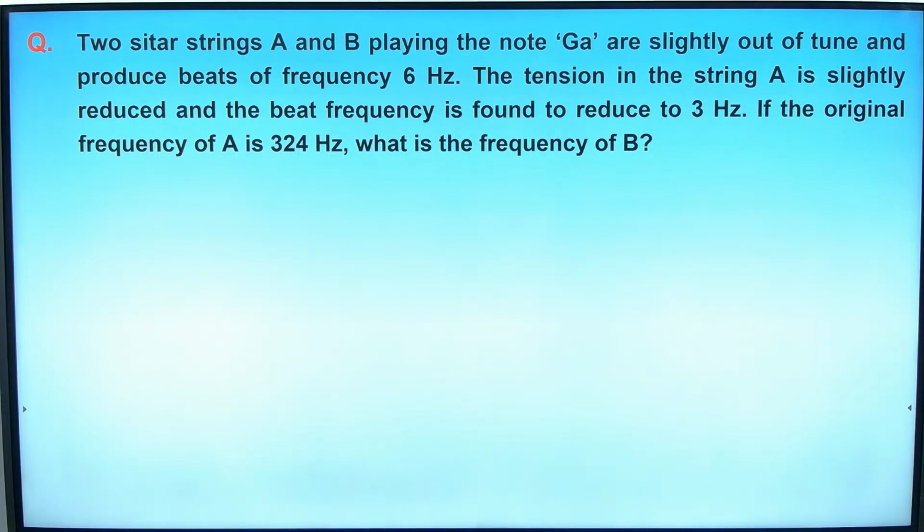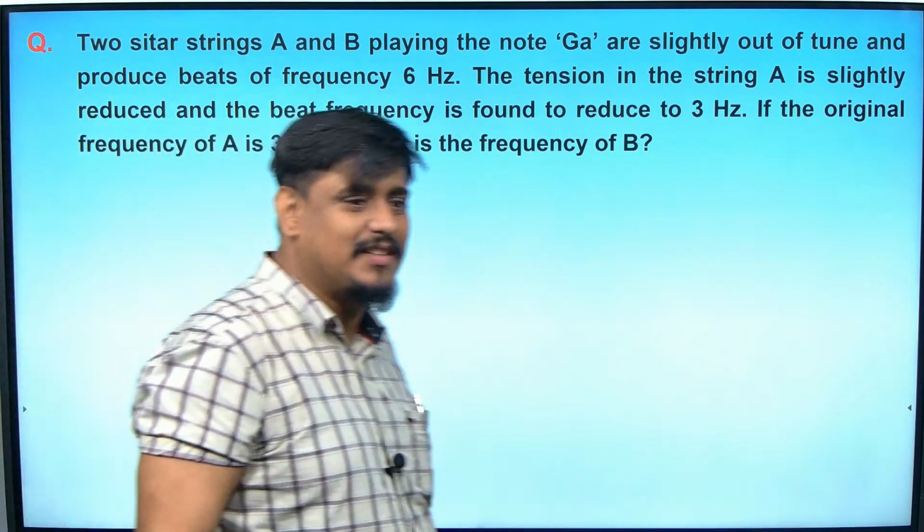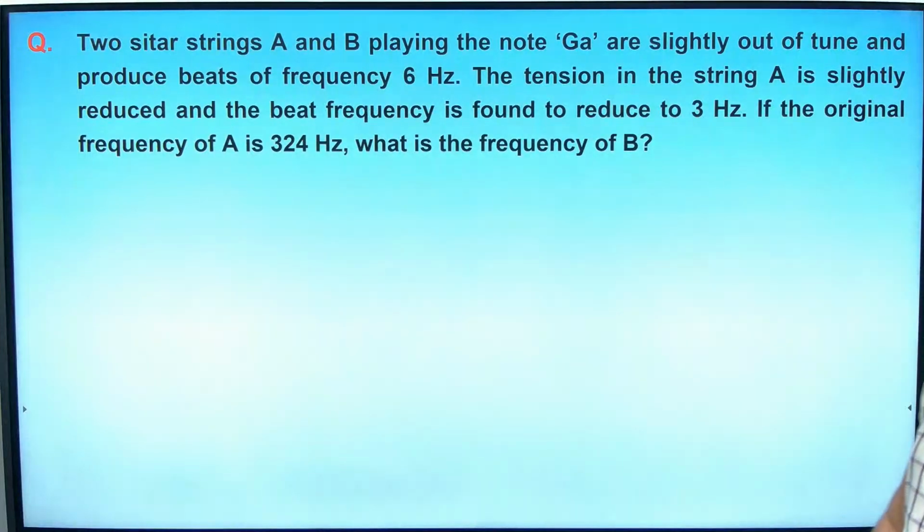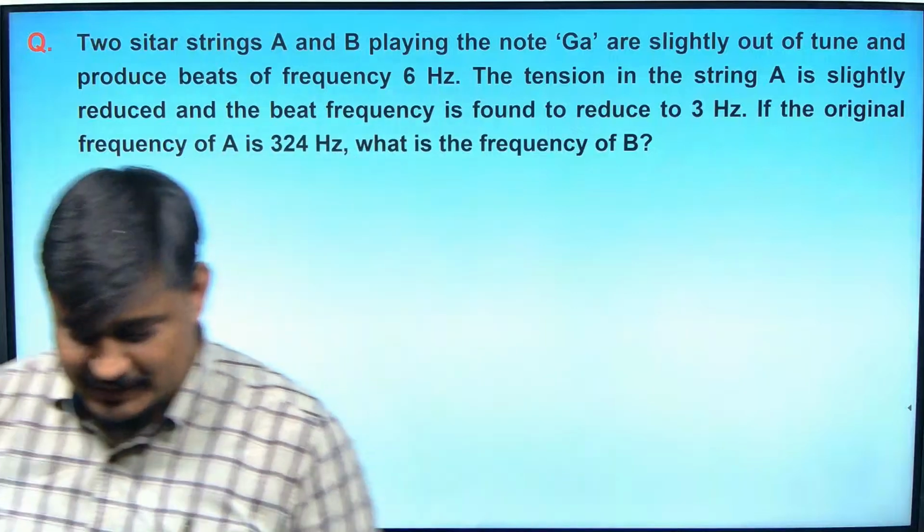Two sitar strings A and B are playing the note ga. What is ga? Sa re ga ma, that ga. 330 hertz. Okay. Others, any answer? 330 or 318, you say, okay. It can't be 318 because they reduce the tension, right? I am just asking you now. As he is thinking, there are two possibilities.